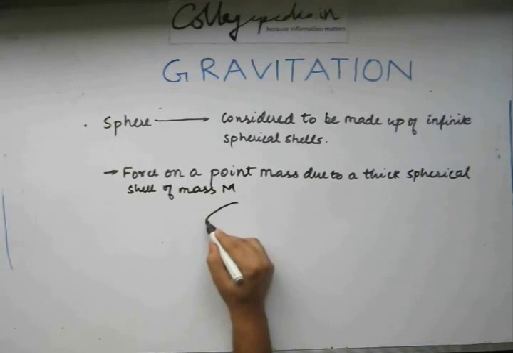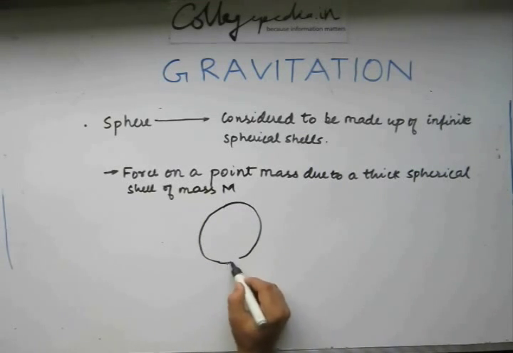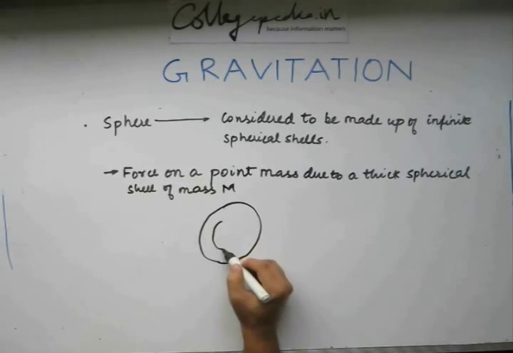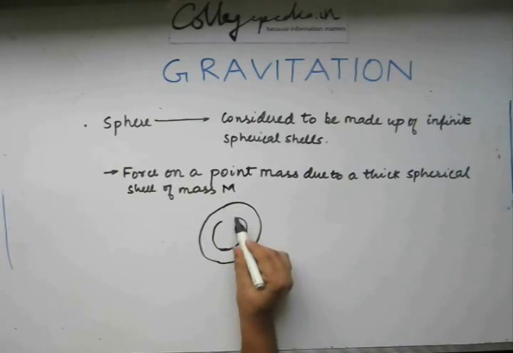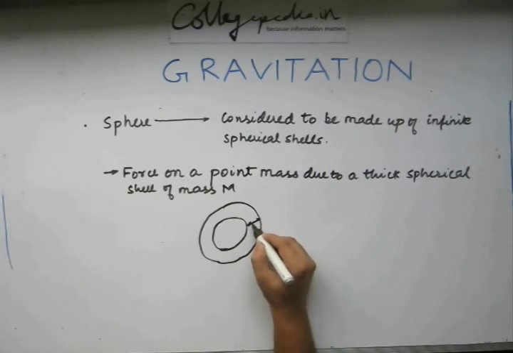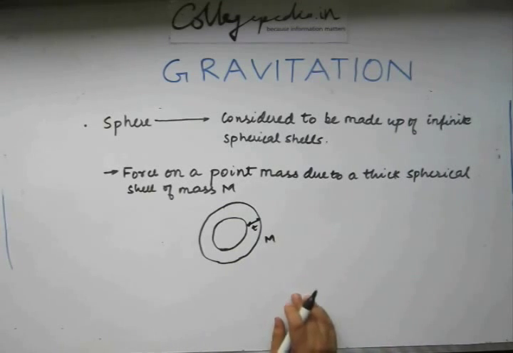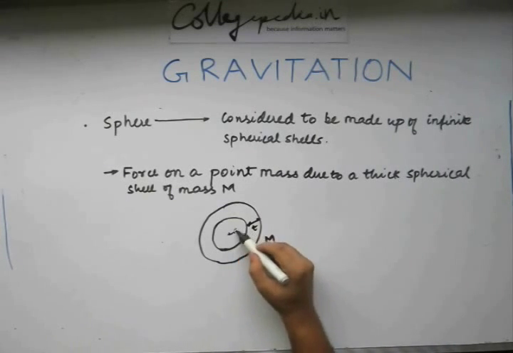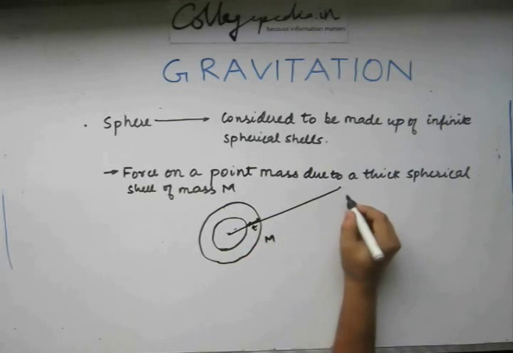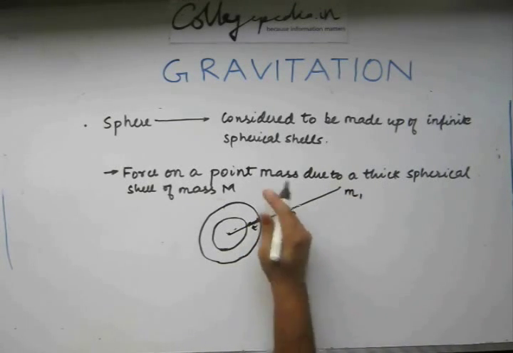Say we have a shell like this. This has, say, a thickness T and a mass m. Say we have a point mass m1 situated at a distance r from this spherical shell.